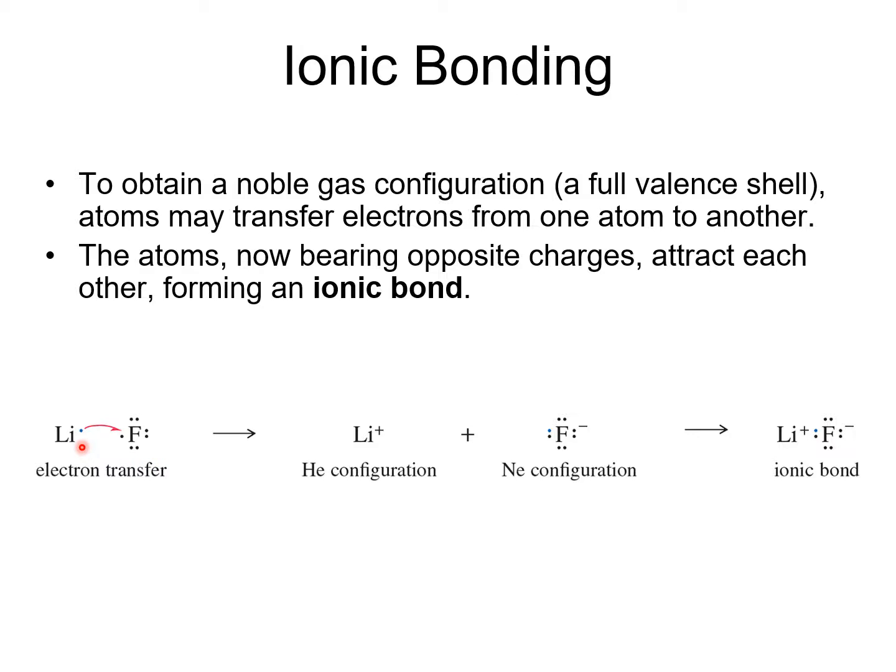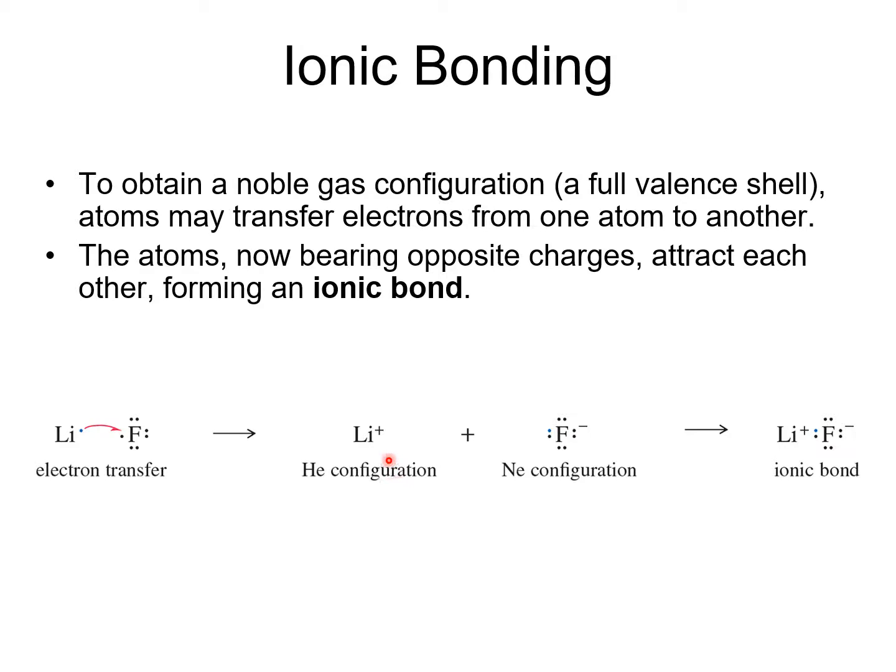So we have 1 electron here and 7 electrons here. We would like to have an octet. So how are we going to get an octet? Well, we're going to donate the electron from the lithium and give it to the fluorine. So our lithium is going to lose its electron, and now we end up with a lithium that has the electron configuration of helium.